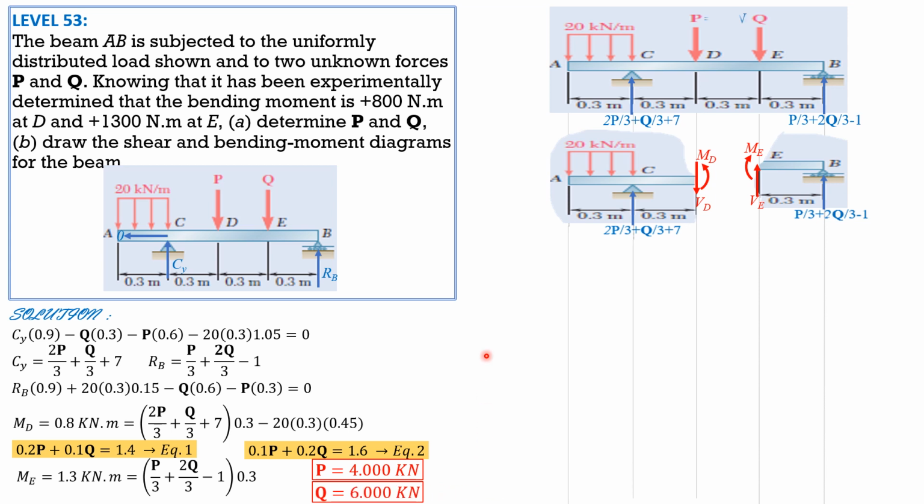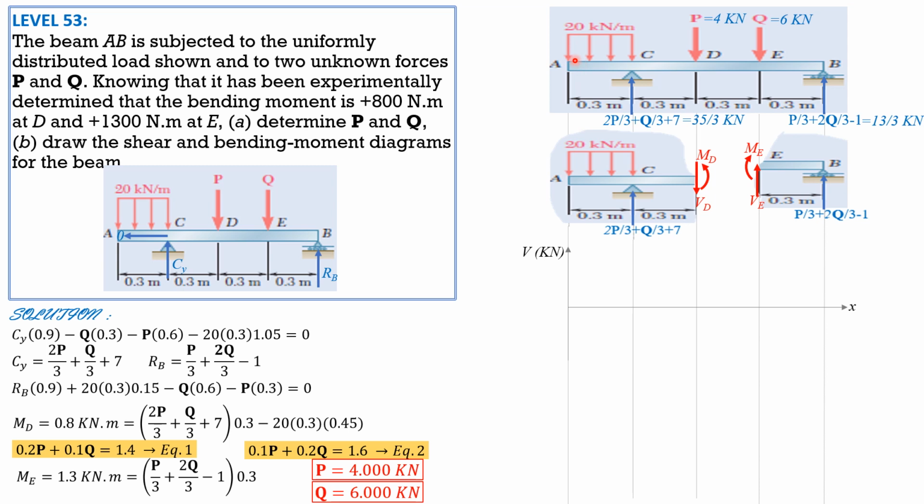Then for the values, we have P 4 kilonewtons, Q 6 kilonewtons, Cy is 35 over 3, and RB is 13 over 3. So we are now ready for the construction of shear moment diagrams. So beginning at A, the shear is 0.